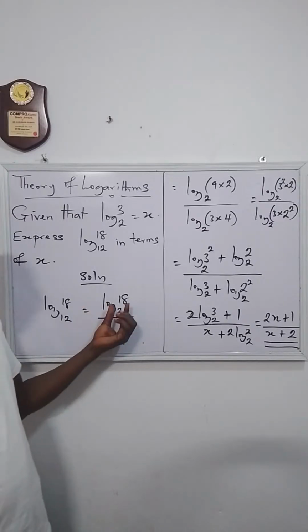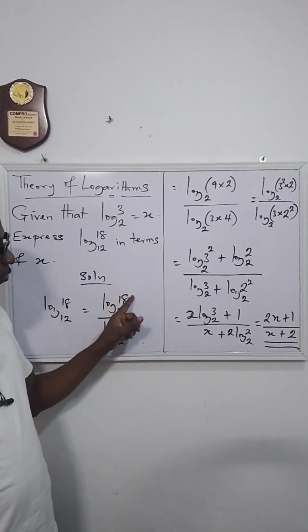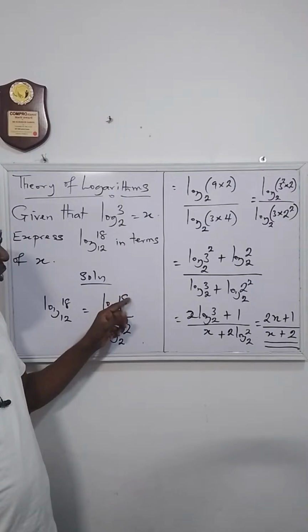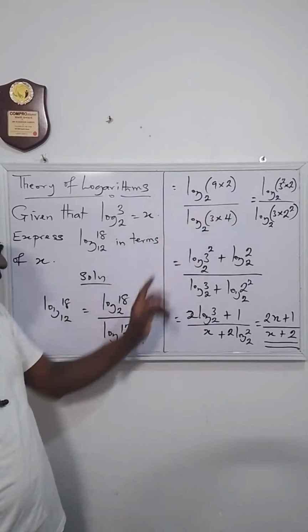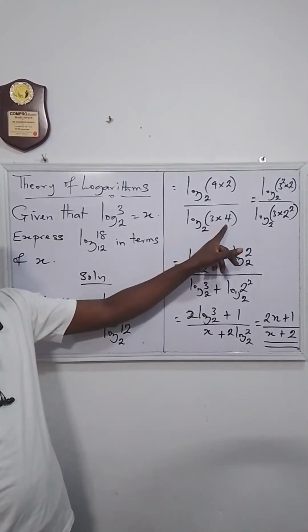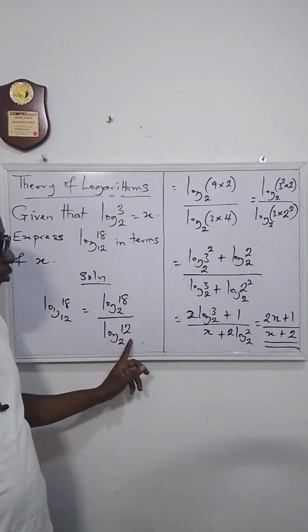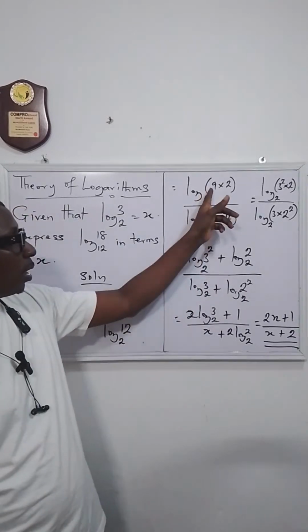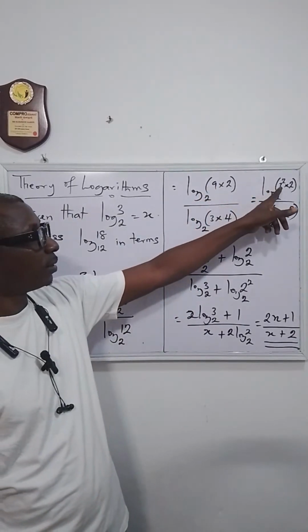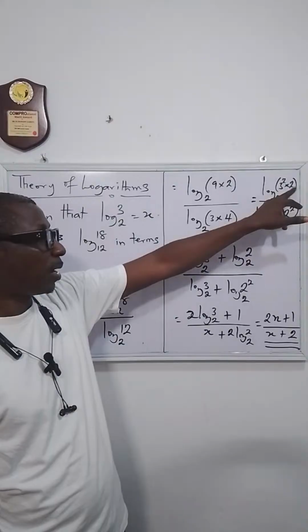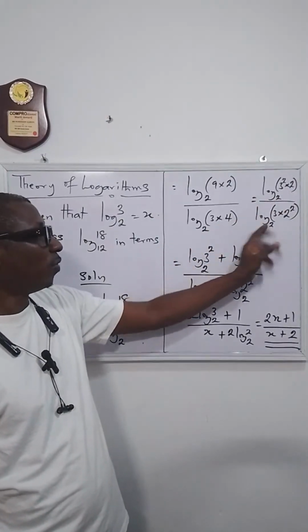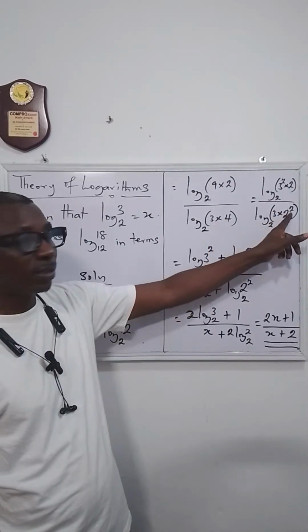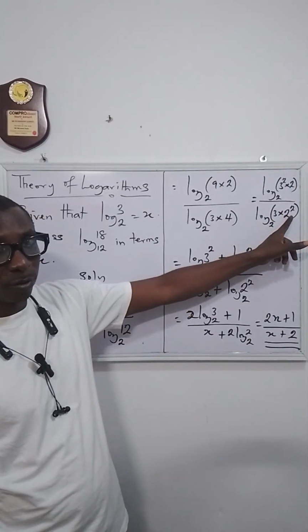So then the next thing is to find a way of expressing this in such a way that 3 will be coming out. So you can see this is 9 times 2, and here we have 3 times 4. That's the same thing as 12. Now 9 is 3 raised to the power of 2, times 2, base 2, over 3 times 4. 4 is the same thing as 2 raised to the power of 2.